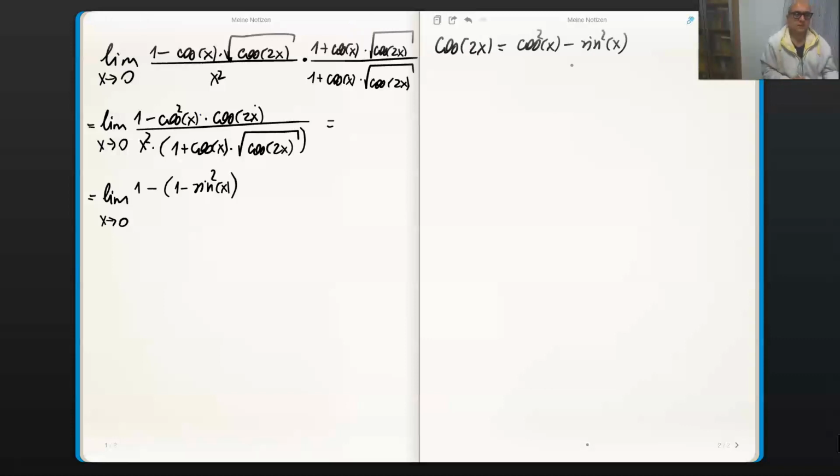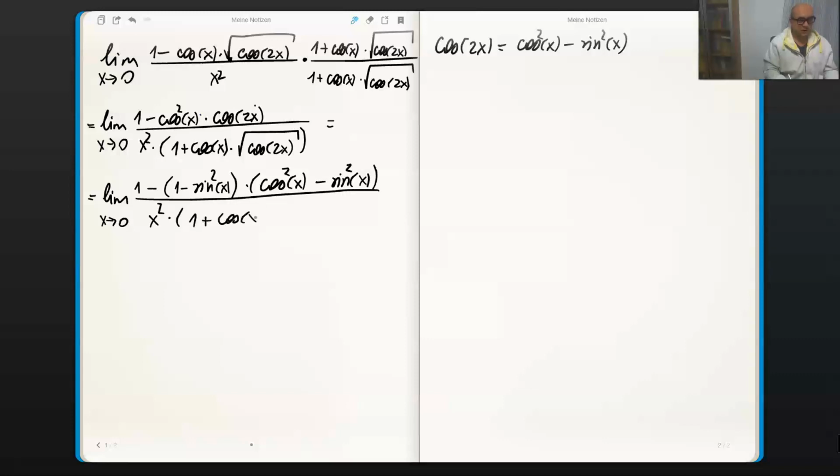I'll link one of the videos here as well. And so we just rewrite it this way: cosine squared of x minus sine squared of x, we got it, divided over x squared times 1 plus cosine of x times the square root of cosine of 2x.